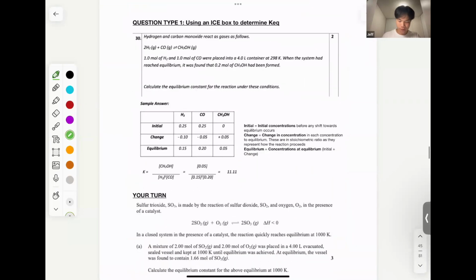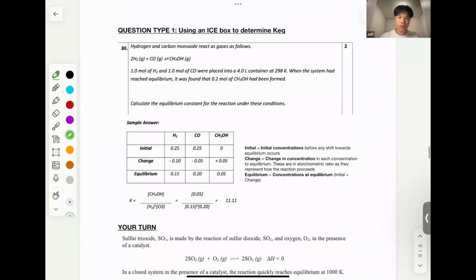First question type, using an icebox to find KEQ. You can recognize this question because they give you initial concentrations and they give you one equilibrium concentration. Then they ask you to find the KEQ.